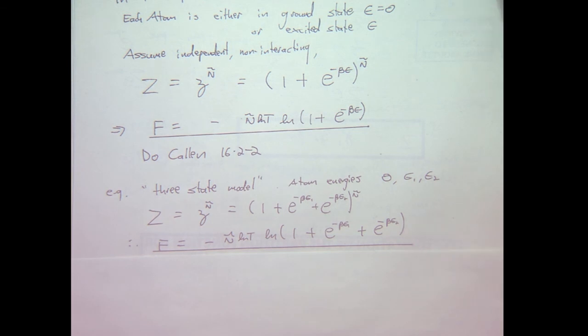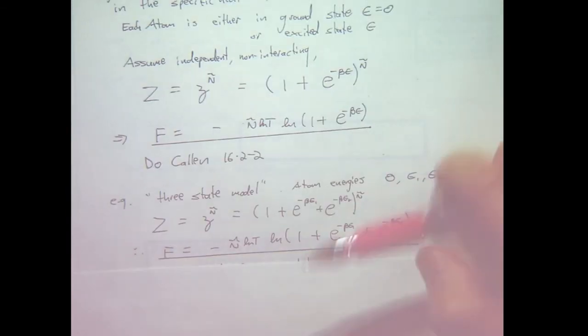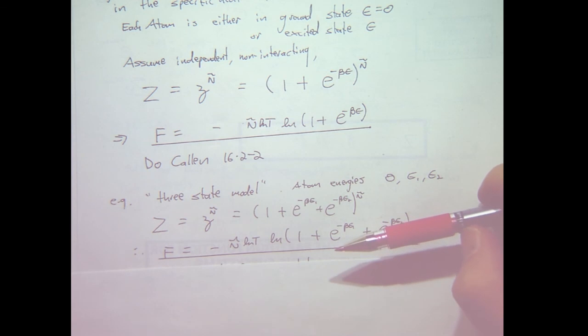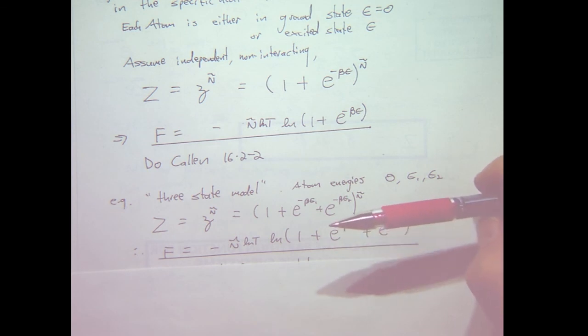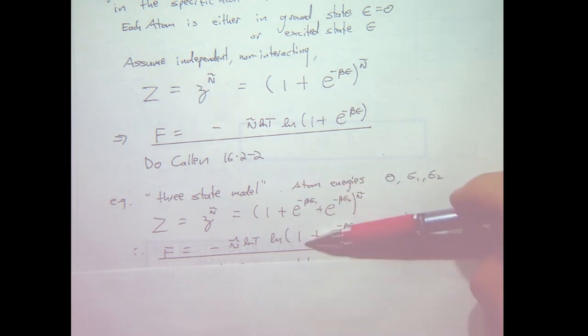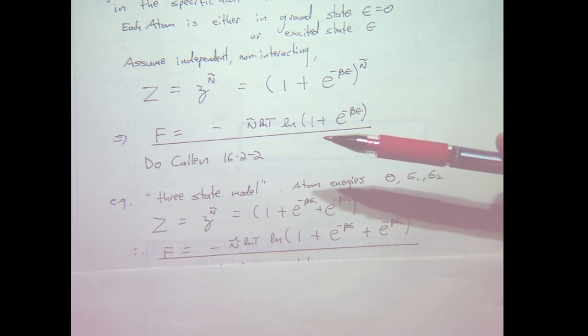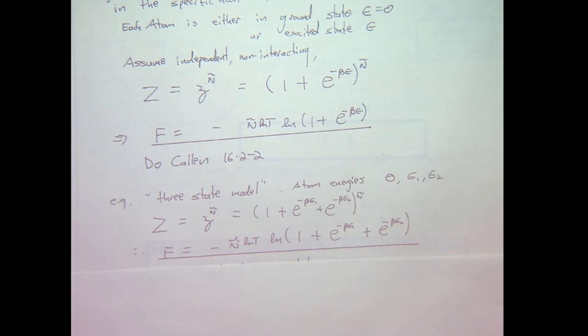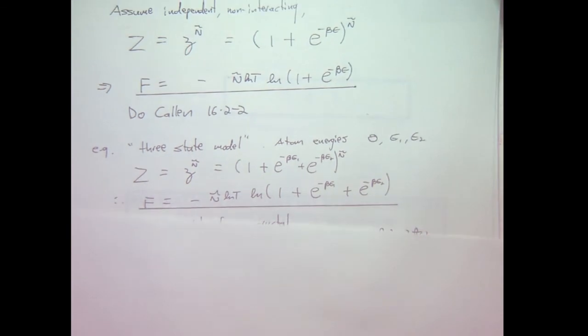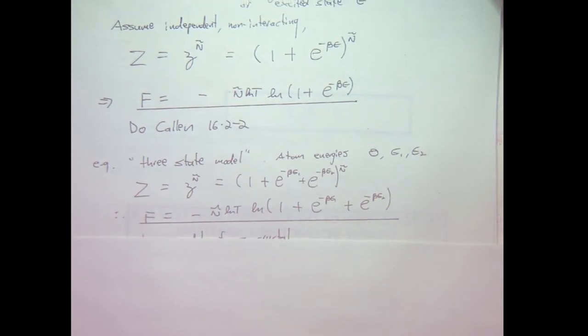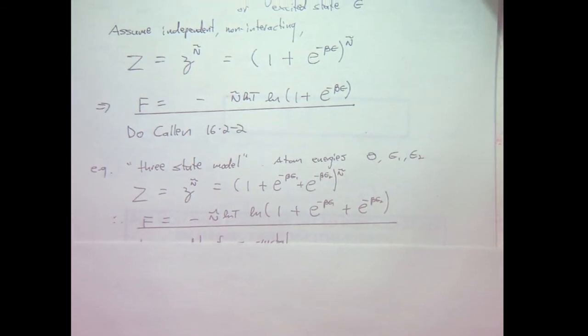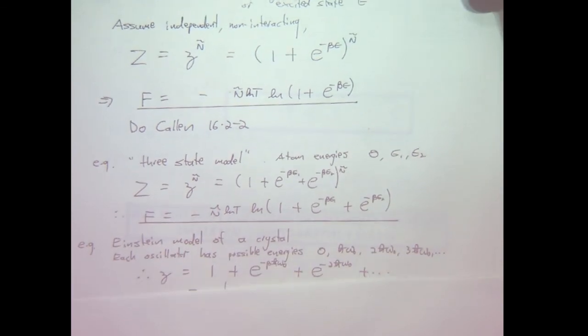Once you have the free energy, you can work out the specific heat from the free energy or from log Z. It's the same thing, either by the thermodynamic route or this route.